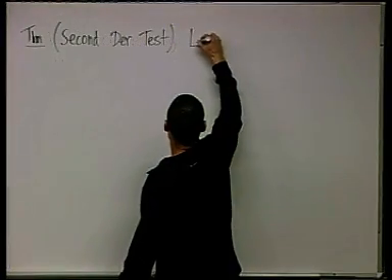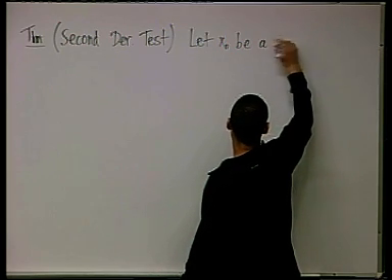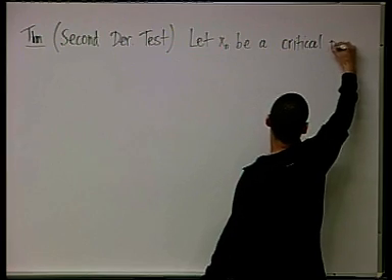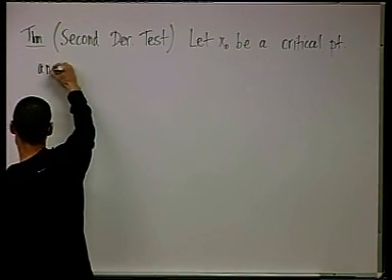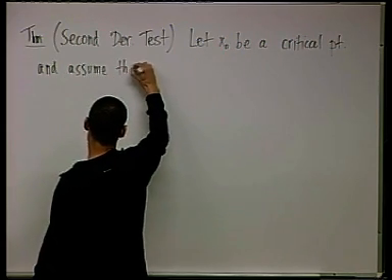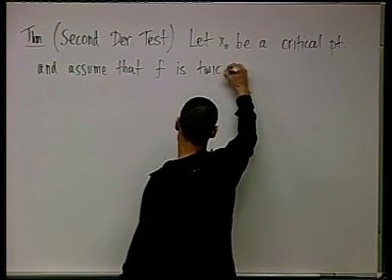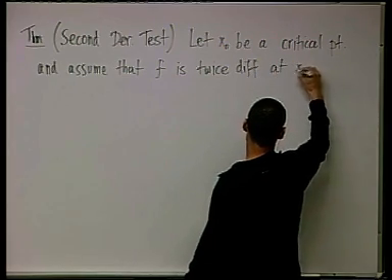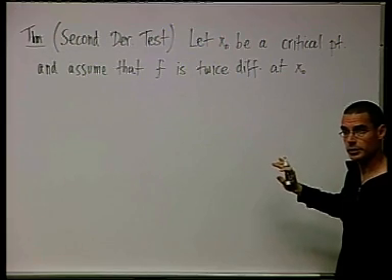Let x0 be a critical point, and assume that f is twice differentiable at x0. So here I'm really only looking at the point itself.